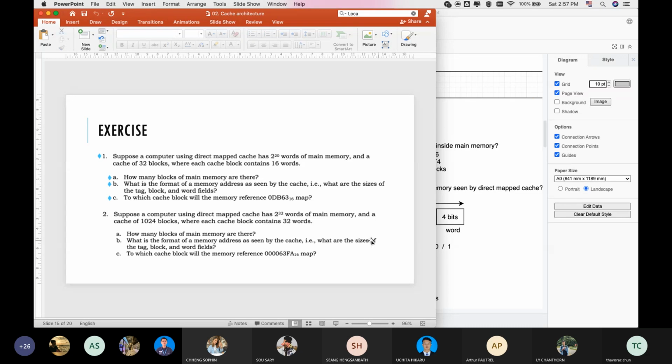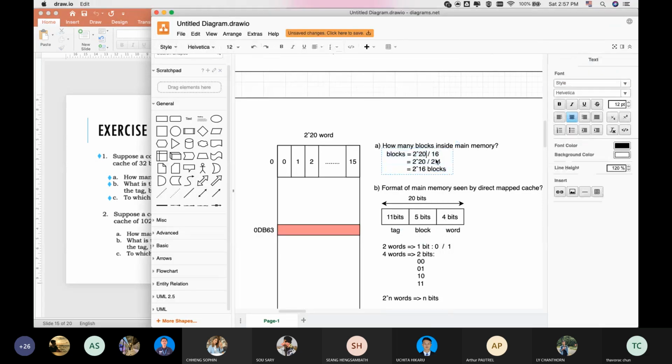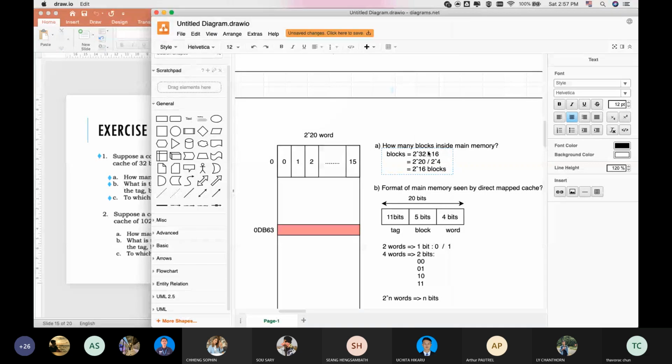So here, to find the number of blocks inside main memory, we need to take the number of words inside, which is 2 power 32, and divide by the number of words inside one block, which is 32 words.